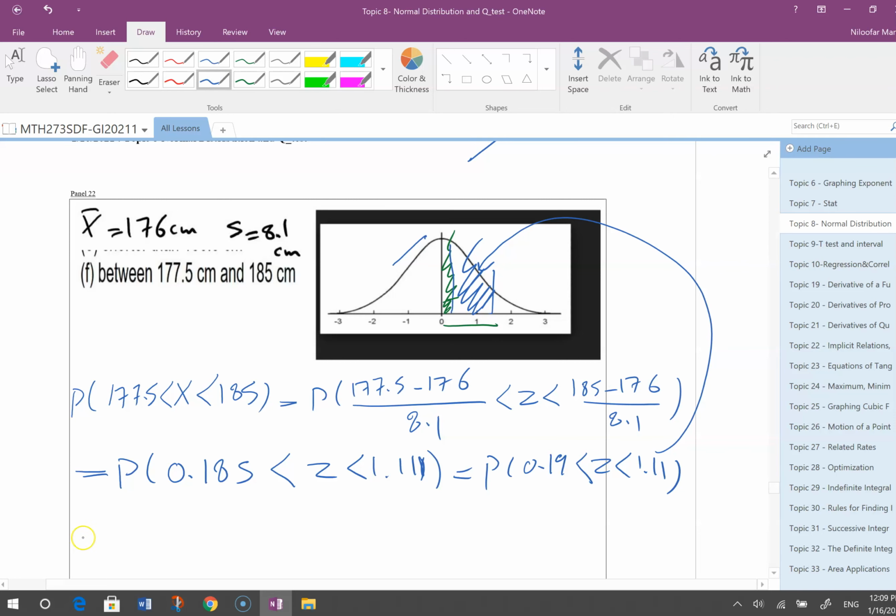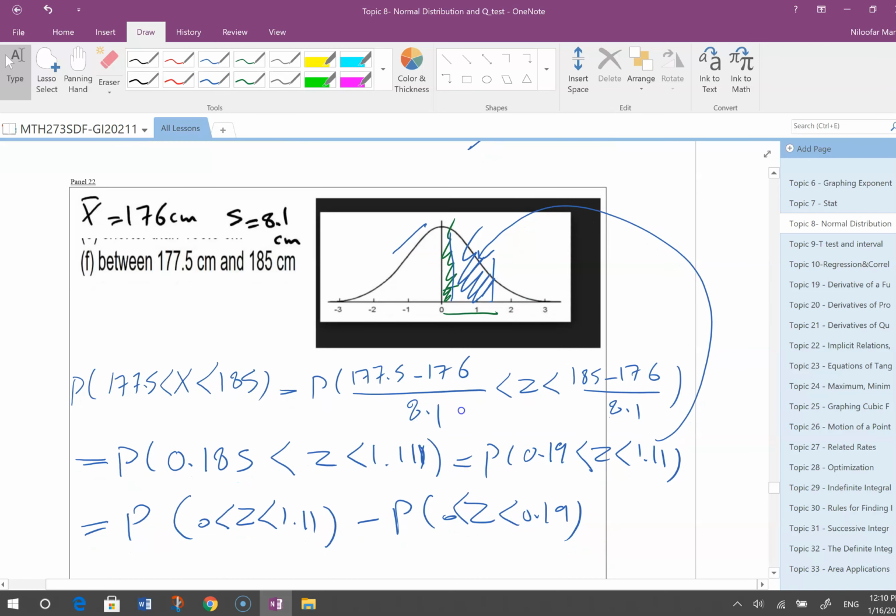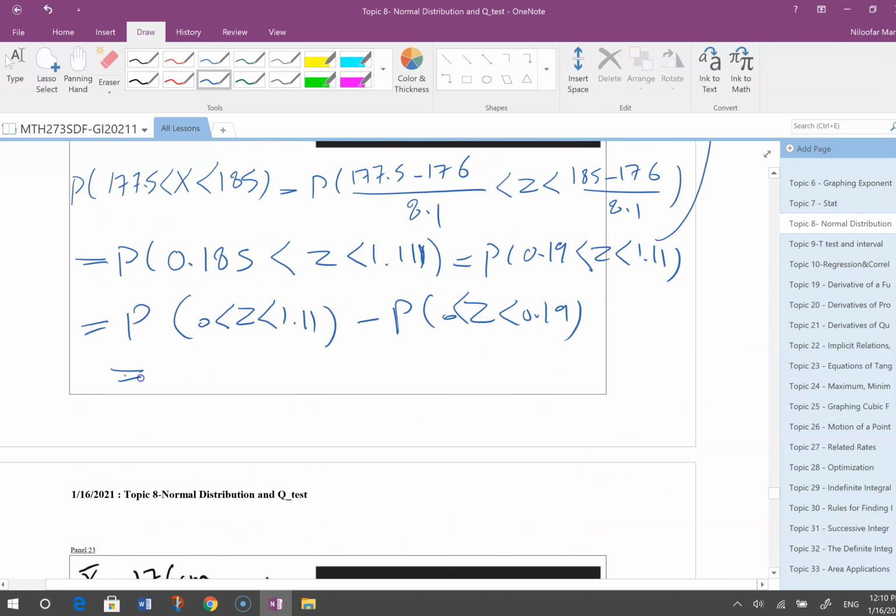So it is probability Z more than 0 less than 1.11, minus probability Z more than 0 less than 0.19, and then I use the table for each to find the answer. So it is 0.3665 minus 0.0753, which is 0.2912, right?